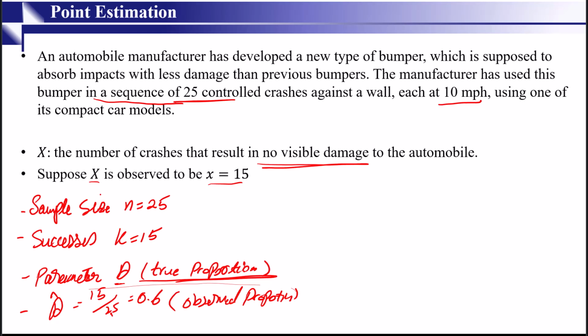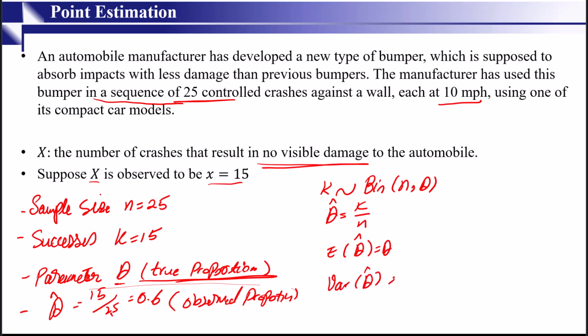Next, we're going to look at the sample proportion. Suppose we have k, and this k follows a binomial of n and theta, right? So theta hat is equal to k divided by n, and the expectation of theta hat we already found as theta. And then the variance of theta hat is equal to theta times 1 minus theta divided by n, right?